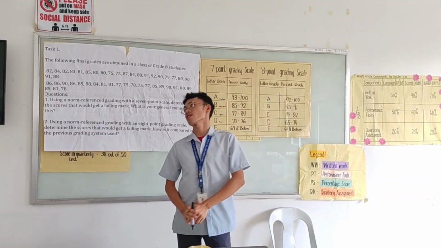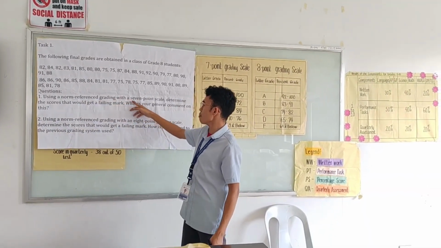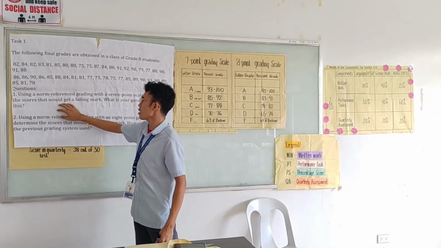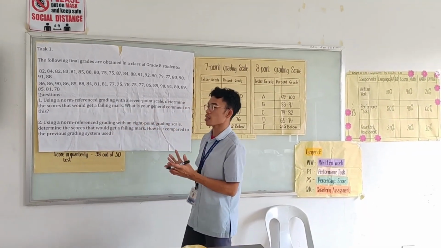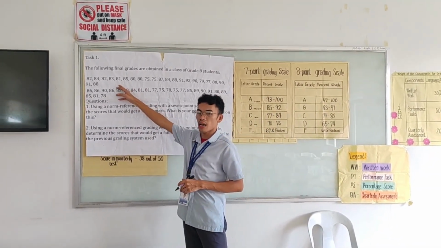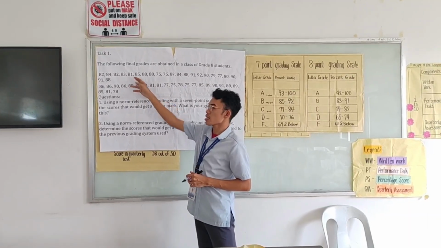So let's dive in and answer all the questions. In question number 1, using norm-referenced grading with a 7-point scale, we need to determine the scores that will get a failing mark and what our general comment on this is. Set 1 is for the 7-point grading scale.